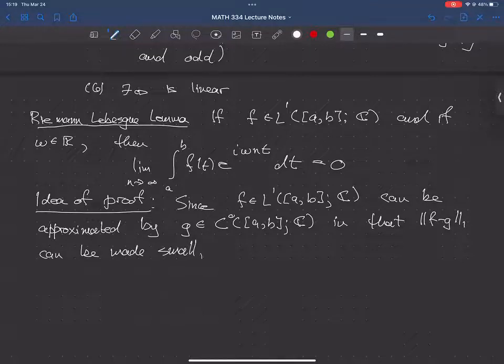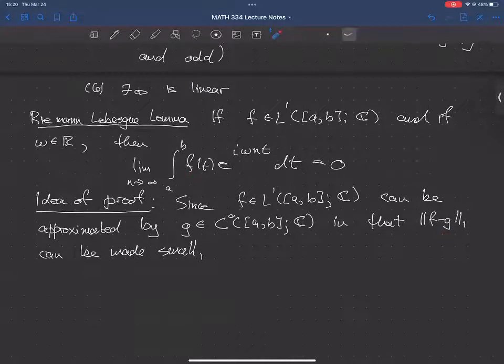Okay, we can assume, and so the idea here is you're going to assume that g is continuous, and we're going to prove that this is true when g is continuous, and then we're going to use the fact that I can always find a continuous g which is close to f in the L1 norm to show that if it's true for g, it's also true for f. Okay.